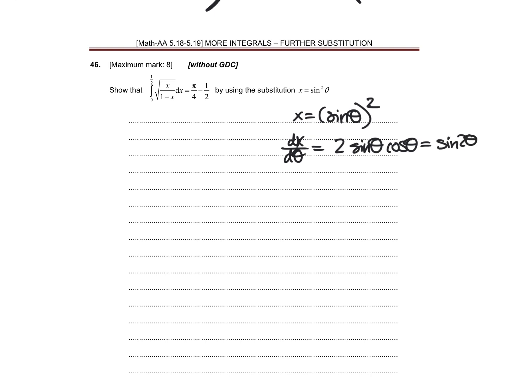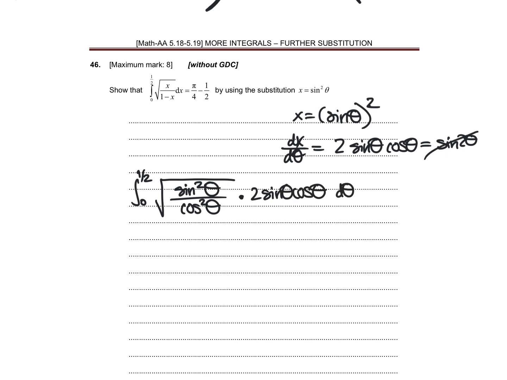So now we have the integral from 0 to 1/2 of the square root of sine squared theta, that's x, over 1 minus sine squared theta, which is cosine squared theta, dx, which is 2 sine theta cosine theta, we're not going to use that, d theta, and that's equal to pi over 4 minus 1/2.